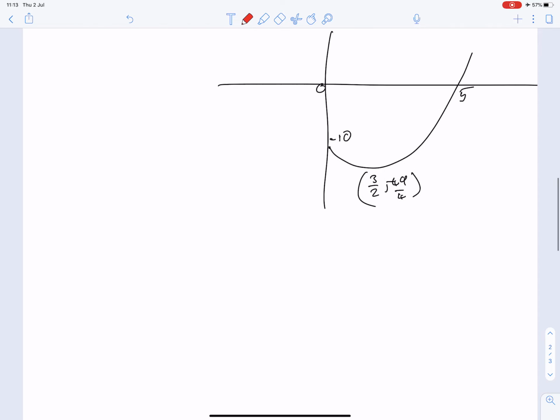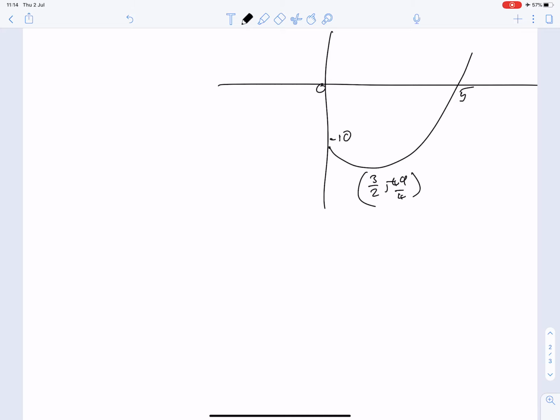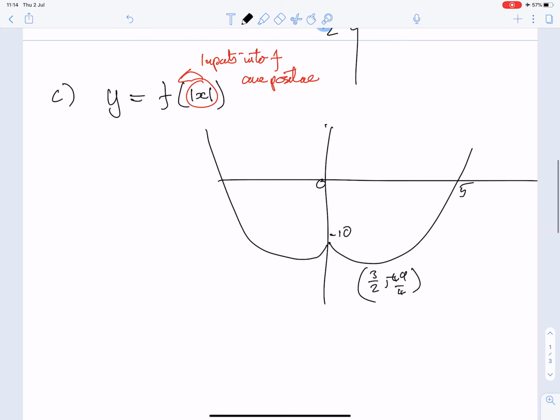Let's do that on here. Reflect it, in effect, in the y-axis. So this point will be minus 5, and this lowest point here will be (negative 3/2, negative 49/4).